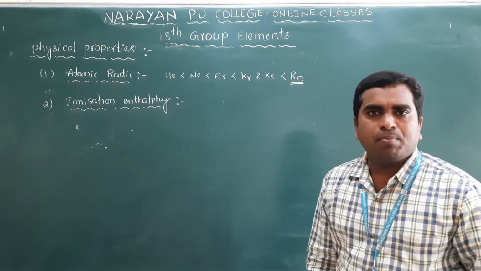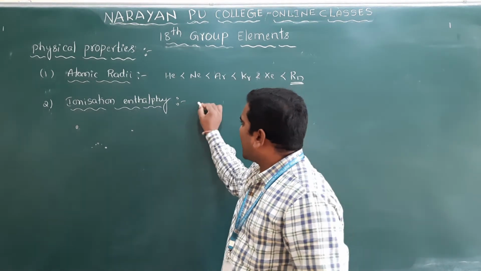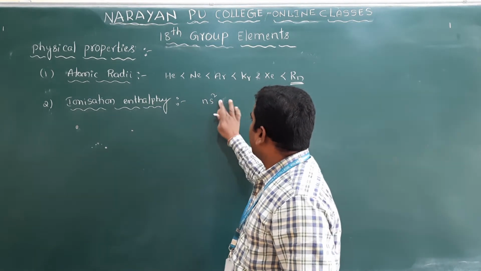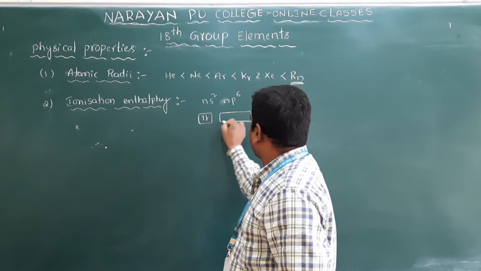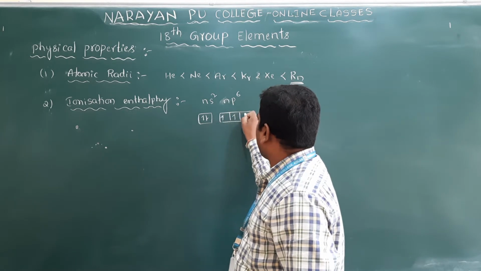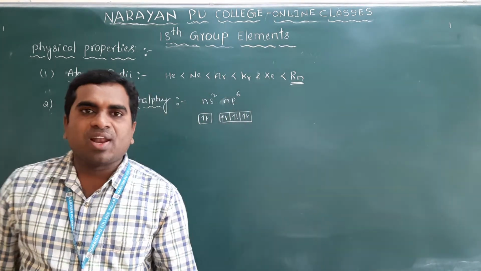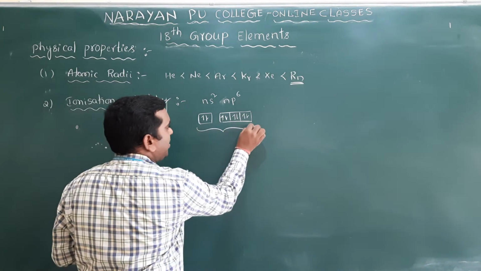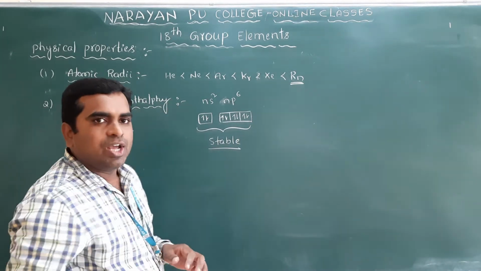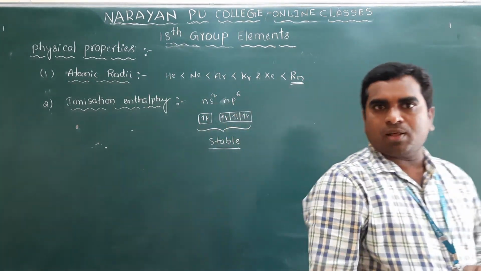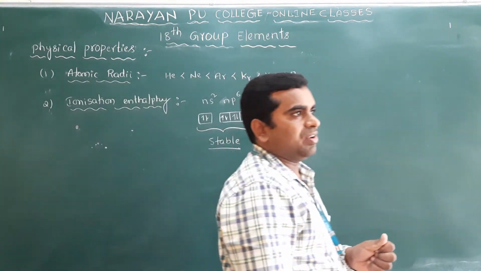Because of the stable electronic configuration of the 18th group elements. You know what the general electronic configuration of 18th group elements is: ns2, np6. Means 2 electrons in the s orbital, and in the p orbital how many electrons? 6 electrons. So it is a fully filled orbital, and that configuration is very stable. If it is stable, to remove the electron from that configuration, you have to supply a lot of energy. So that's why ionization enthalpy values for the 18th group elements are very large.